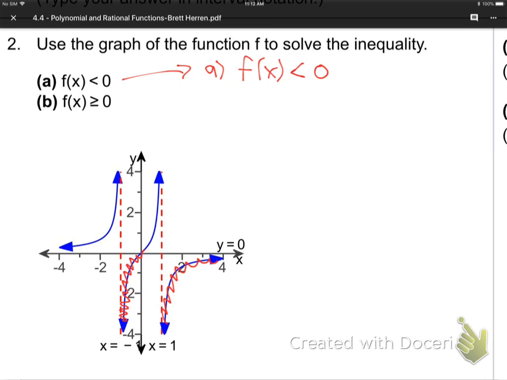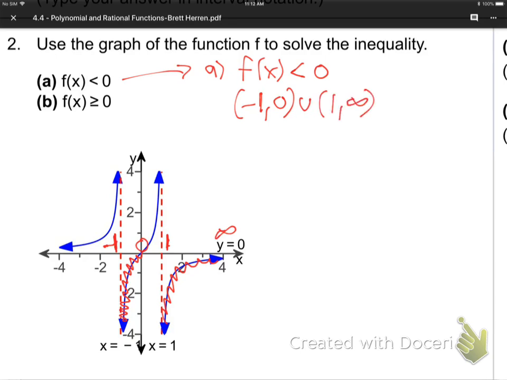How do you say those sections? Looks like this is -1, but that's an asymptote, so parenthesis, because you can't touch a vertical. -1 to 0. And then from here, looks like 1 to infinity.